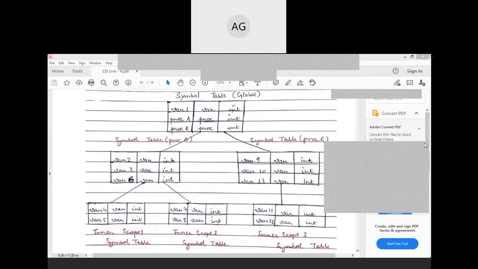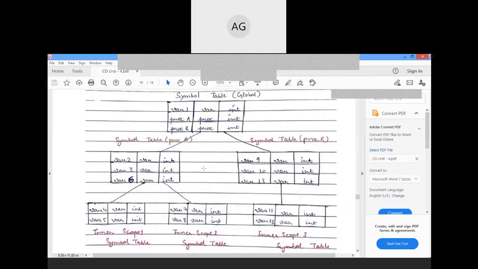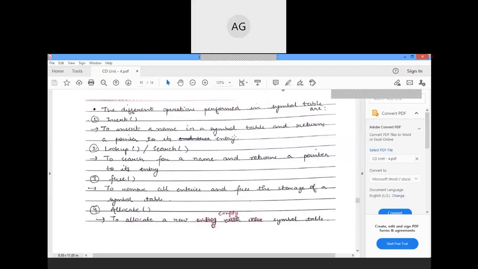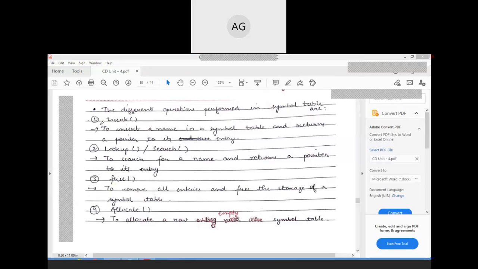Okay. So moving on, the different operations performed in the symbol table. So these are some of the different operations which are performed in the symbol table. You already know that there is the insert operation in the symbol table. Then as the values are filled, the lookup and the search operation is there.